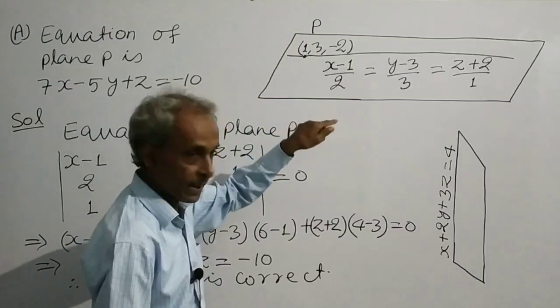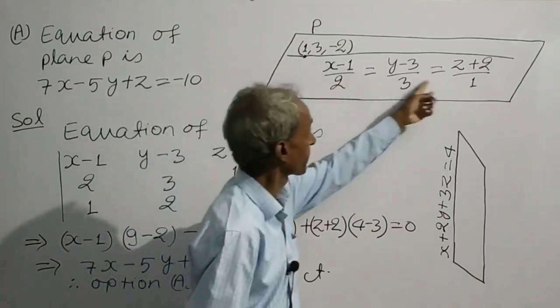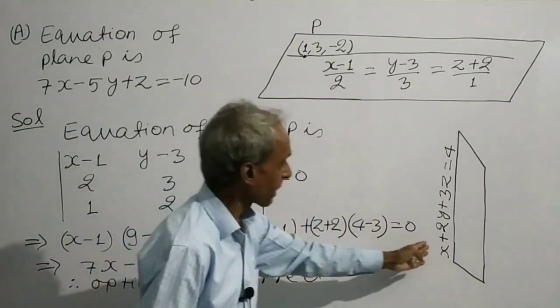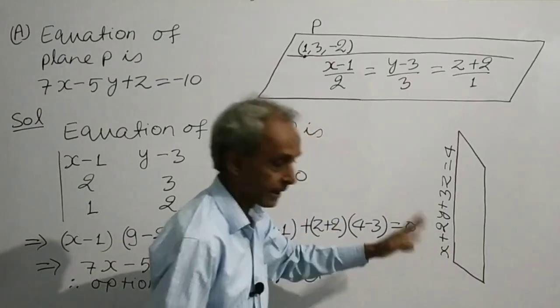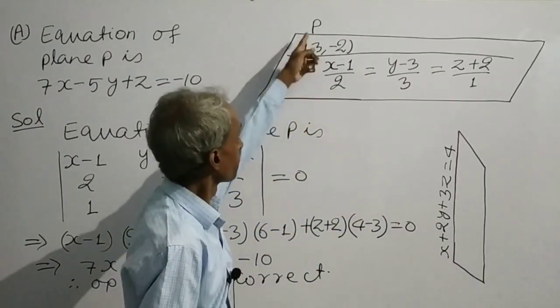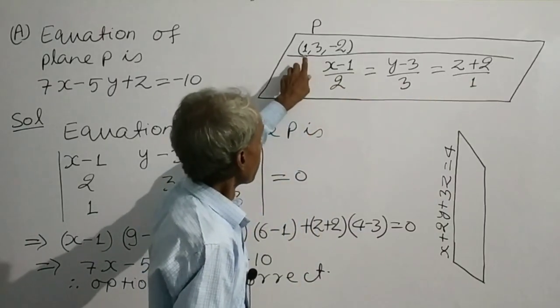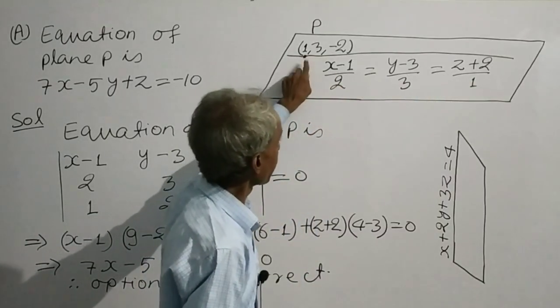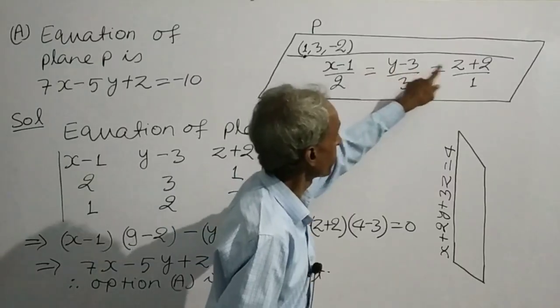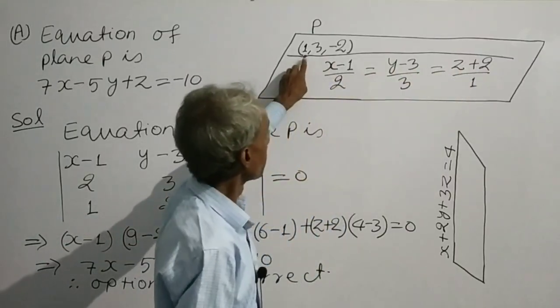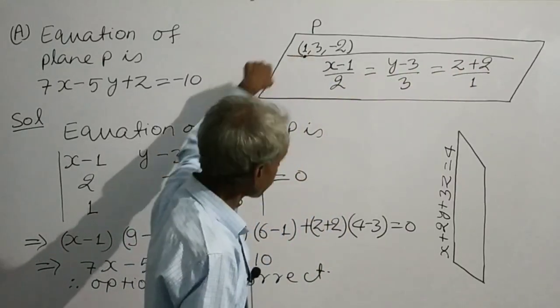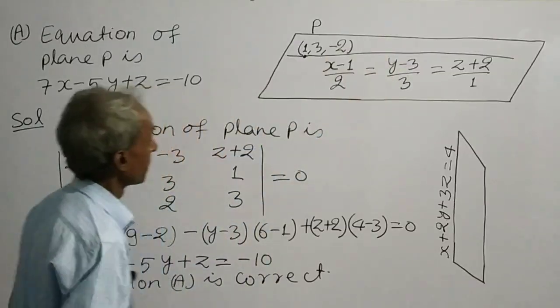P is the plane containing this line and perpendicular to this plane. Since P contains this line, a point with coordinates 1, 3, minus 2 will lie on this line, that means in this plane.